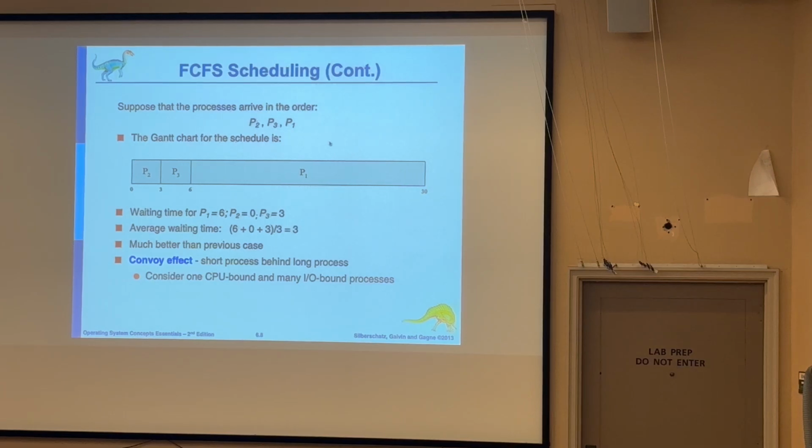If the processes arrive in a different order, P2, P3, P1, you will have a better average waiting time, right? Because P2 and P3 just have a very short CPU burst and finish very quickly. We explained this in our previous lecture too.